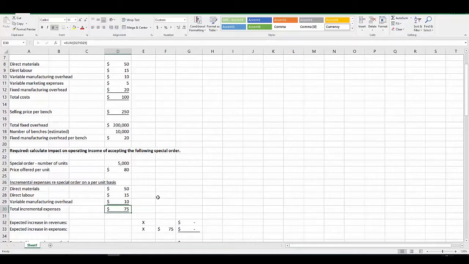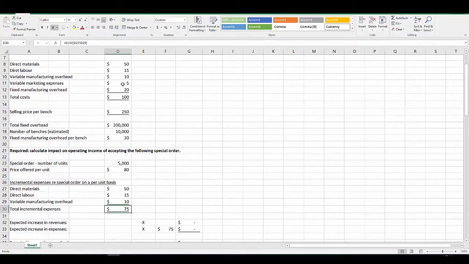In this situation, you are not going to incur any additional fixed manufacturing overhead. As the name implies, it's fixed. So you're going to have total overhead of $200,000 regardless of whether you make the 5,000 units or not. So the fixed portion becomes irrelevant.